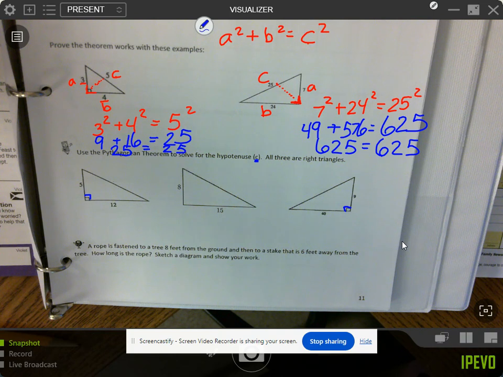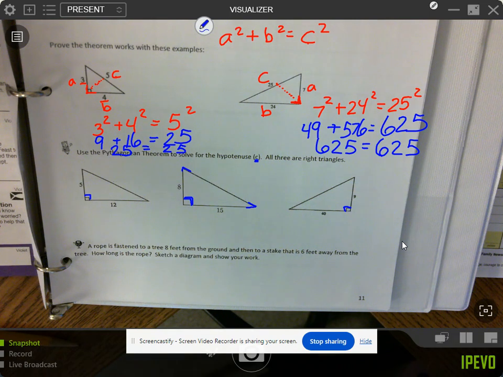Which angle looks like it's the right angle, Madison? At the bottom. Where the 8 and the 15 meet? Yeah. So they didn't give us the box, but the direction said there's a right angle. It's obvious that this one would be the right angle because that's smaller than 90 and that's smaller than 90. So if the directions tell us there's a right angle, then we know it's a right angle even though they didn't put the square in there.